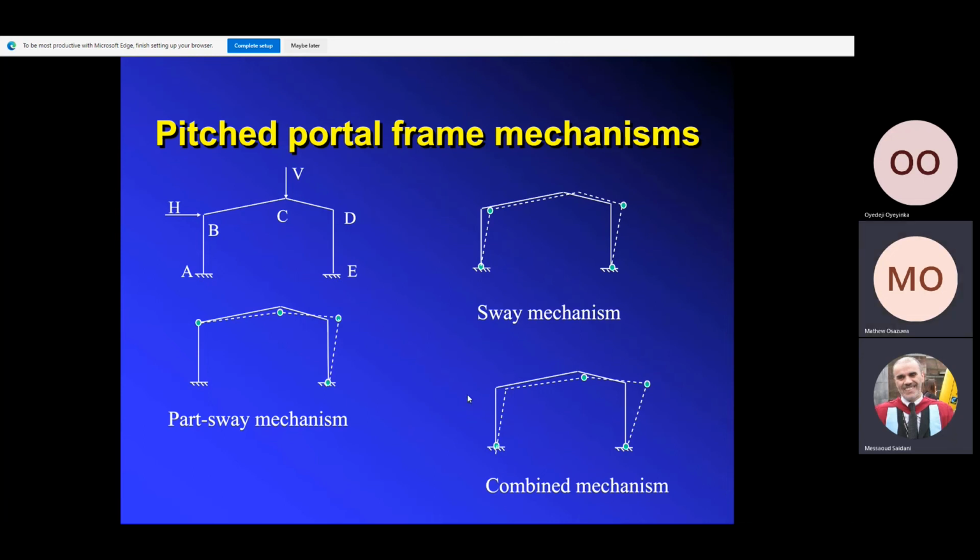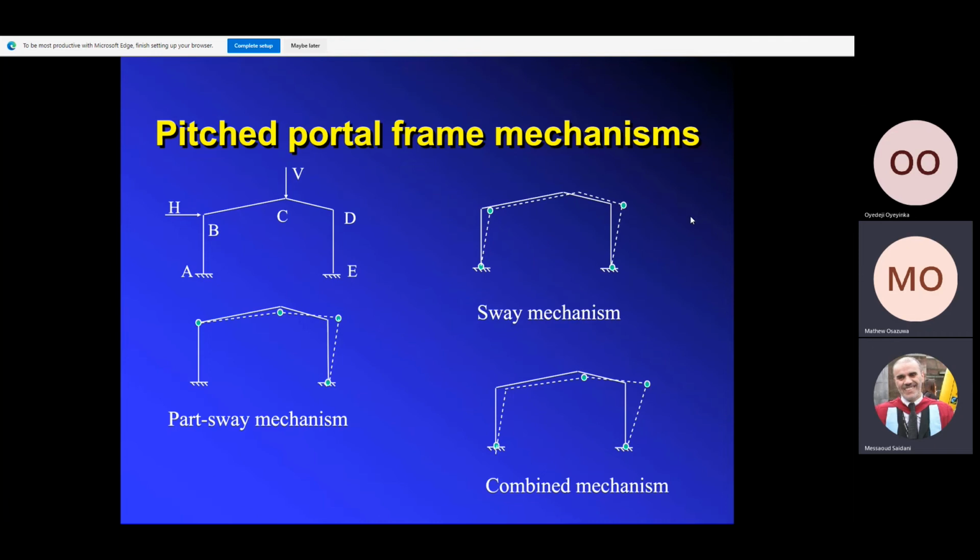I have a question. Sorry? Online, yes, I can't hear you. Can you shout? Yes, for the vertical load, it's supposed to be equal deformation for the two columns since the frame is symmetrical.